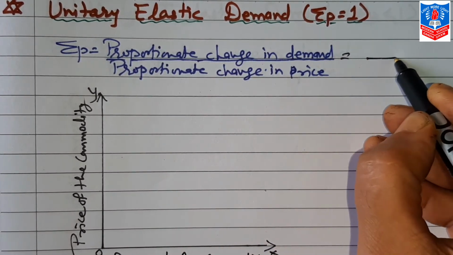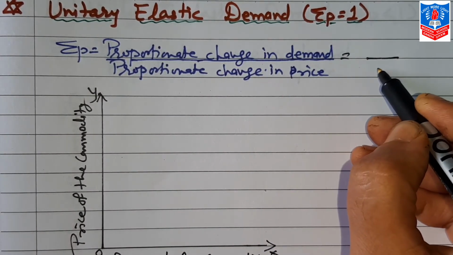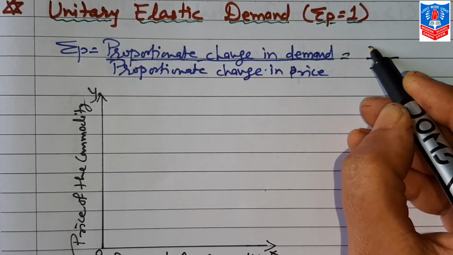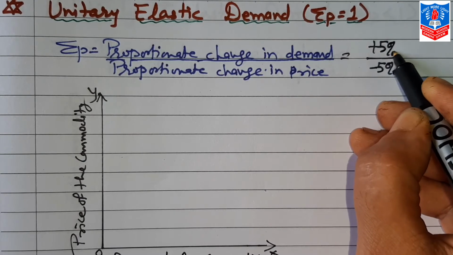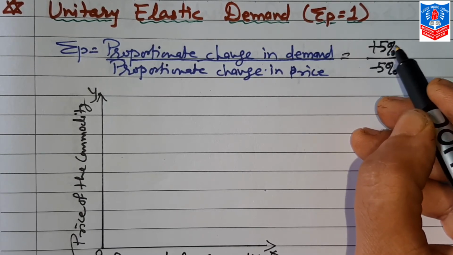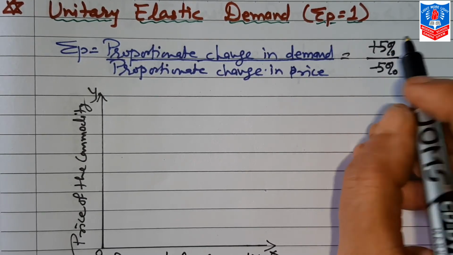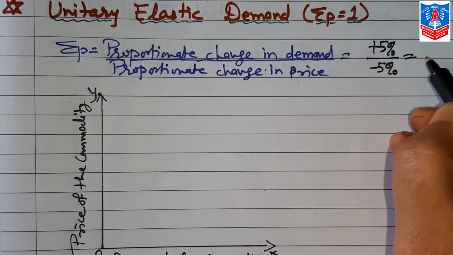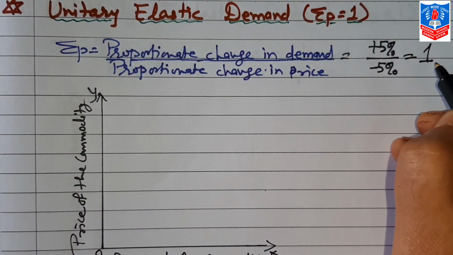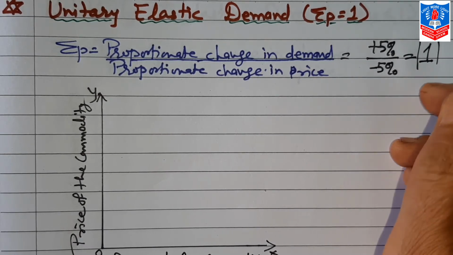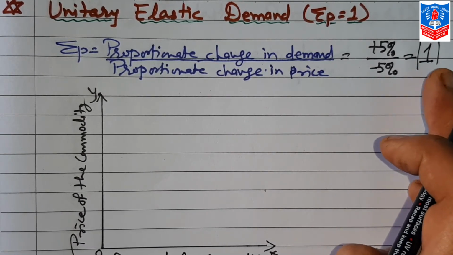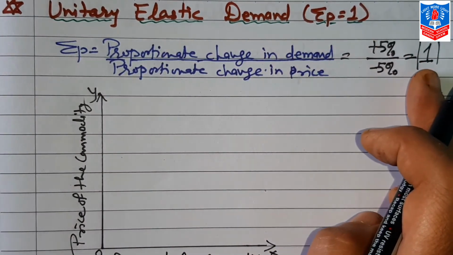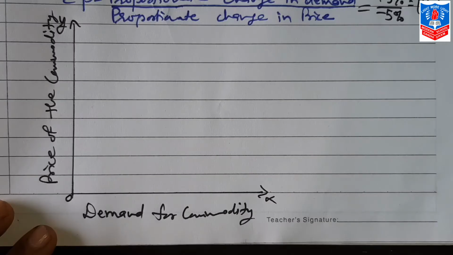For example, if there is a 5% decrease in the price, there is a 5% increase in the demand, the same proportion, then that is known as unitary elastic demand. Of course, when we divide this, we get exactly 1. Again, it comes in the modulus form, but it comes exactly 1. So that is why in unitary elastic demand we get exactly 1.